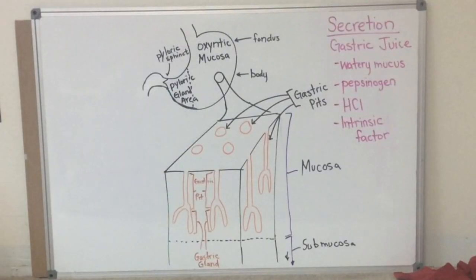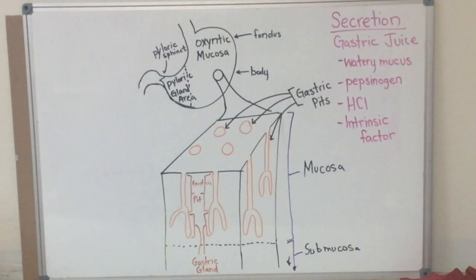Each day, the stomach releases about 2 liters of gastric juices. Gastric juices are predominantly secreted from exocrine cells within the oxyntic mucosa. The 2 liters of gastric juice contains watery mucus, which is produced from the mucous cells that line the gastric pits and the entrance of the glands.